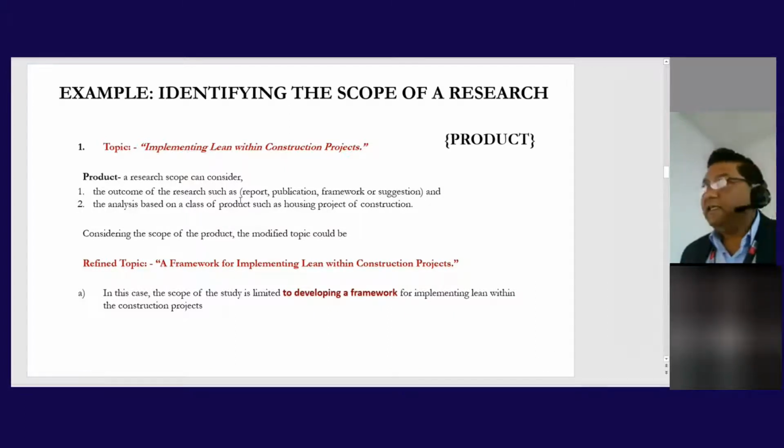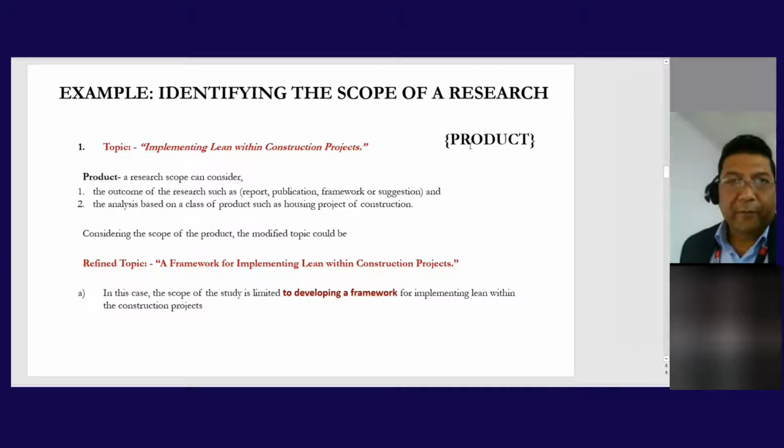Now the product is, over here, the outcome of your research that we call a product. So your research is a transformation, and at the end of your research, your final report is a product. And that product we need to understand for which people.